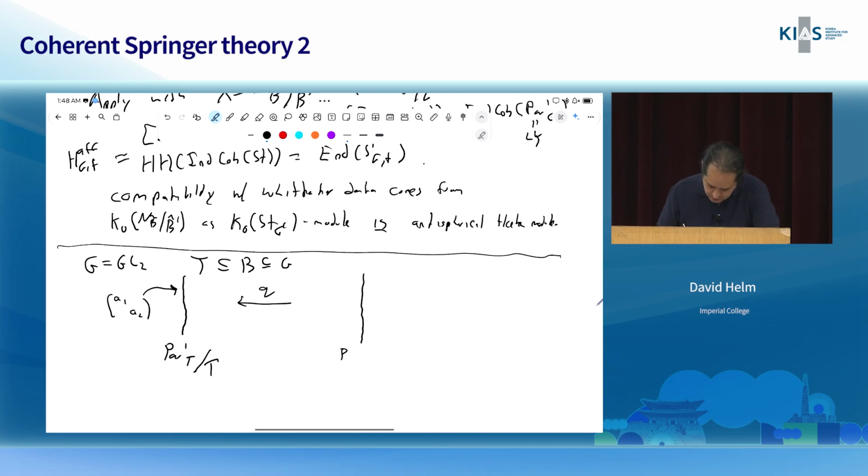Sorry, I shouldn't say Par_1 T mod T here. What I mean is that I have this copy of the torus, and it's acting on itself by conjugation.